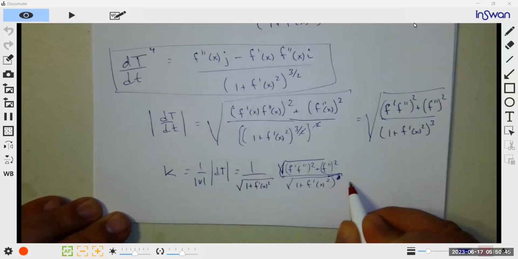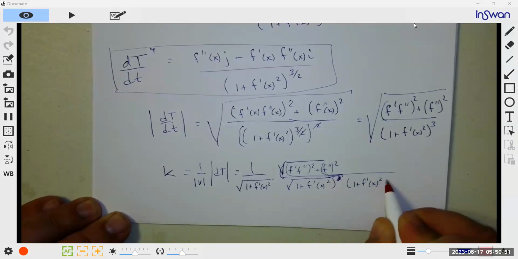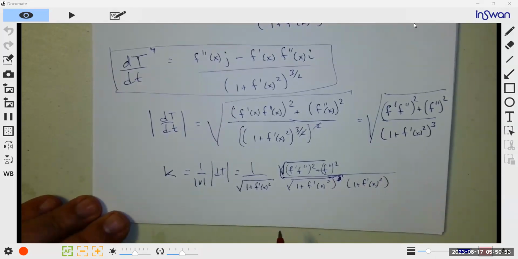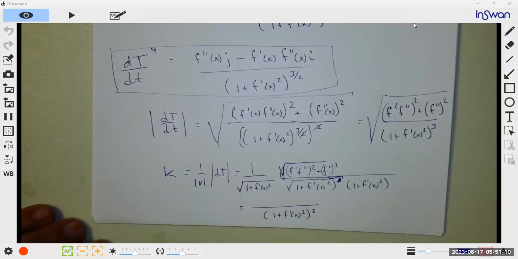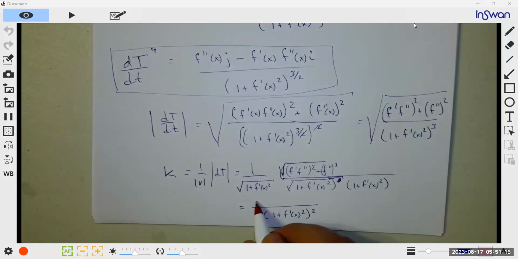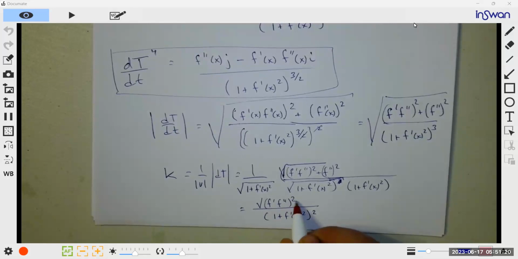Two of those radicals cancel. So on the bottom we have 1 plus f prime squared, and on top f prime f double prime squared plus f double prime squared.